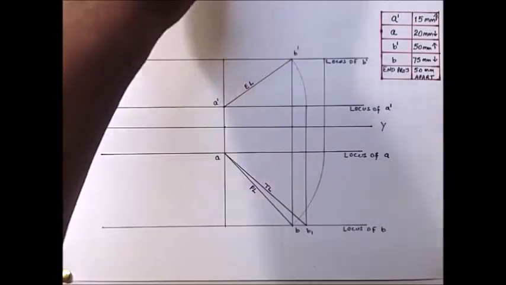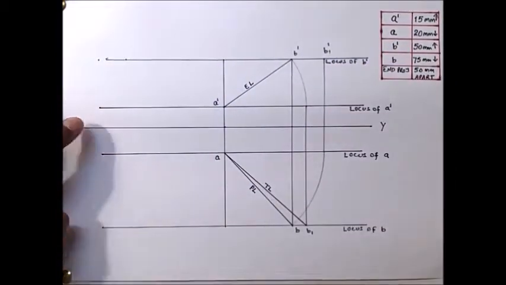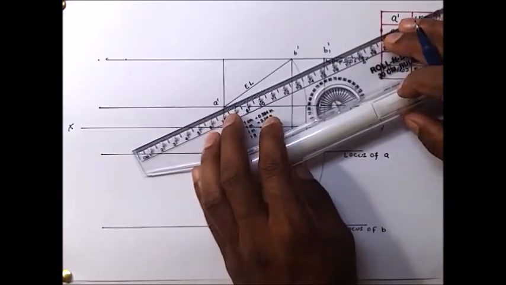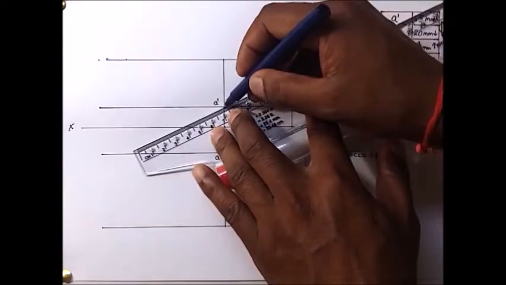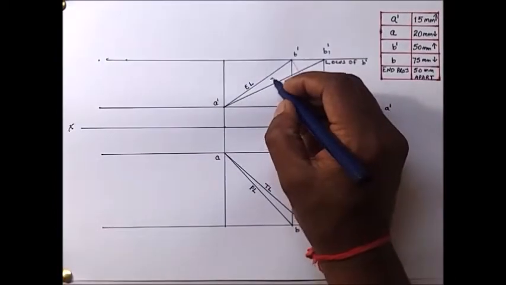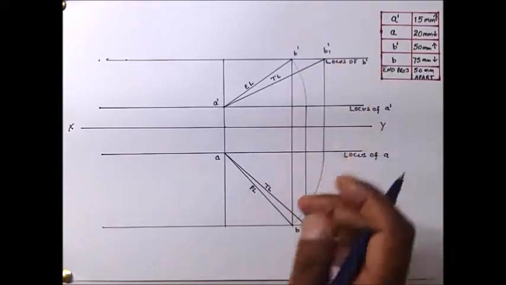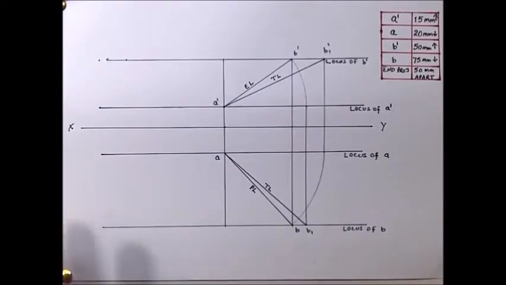Here you will get point B1 dash and connect point A dash to point B1 dash. You will get true length in vertical plane. Both the true lengths will be equal. You can measure it.